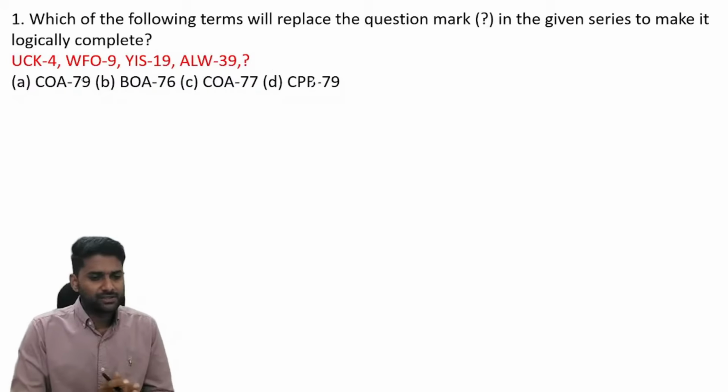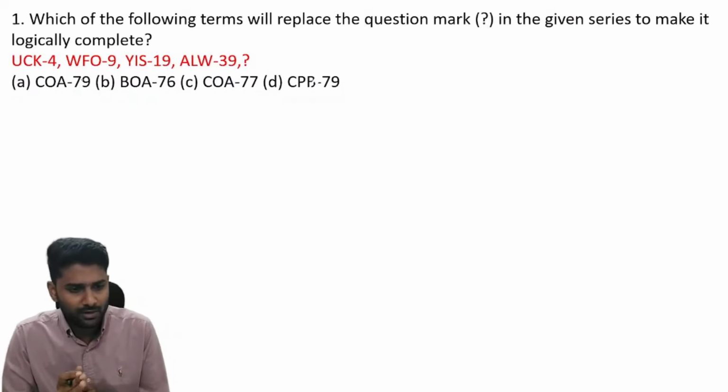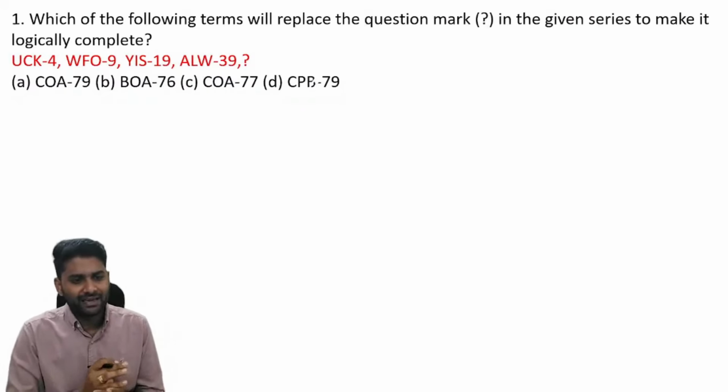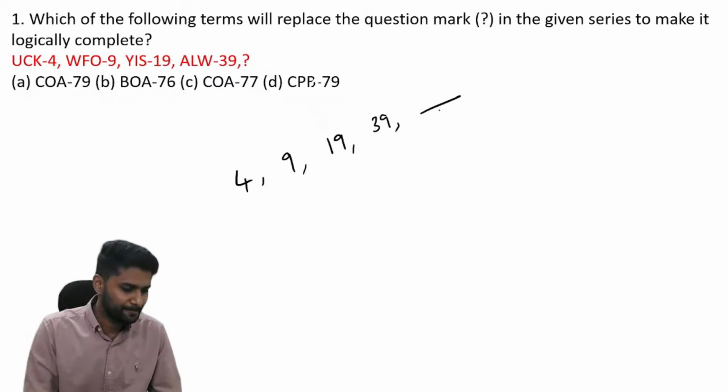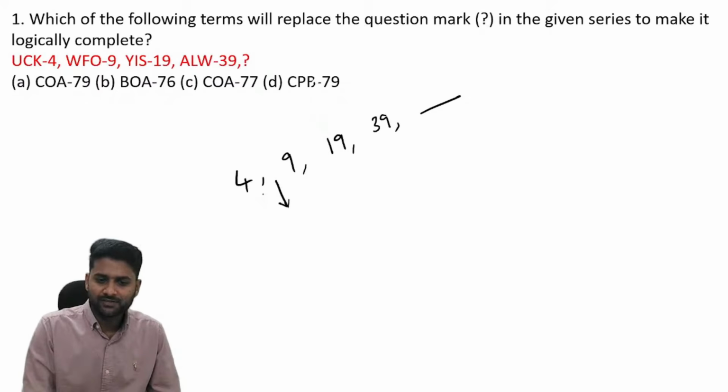Now see here the letters UCK, WFO 9, YIS 19, ALW 39. Let's find the logic. First, I'm focusing on the numbers 4, 9, 19, 39. What can be the next number? The difference between 4 and 9 is 5 units.